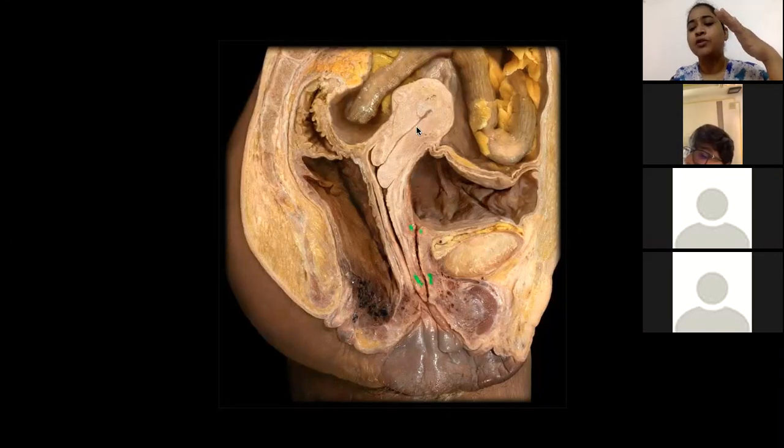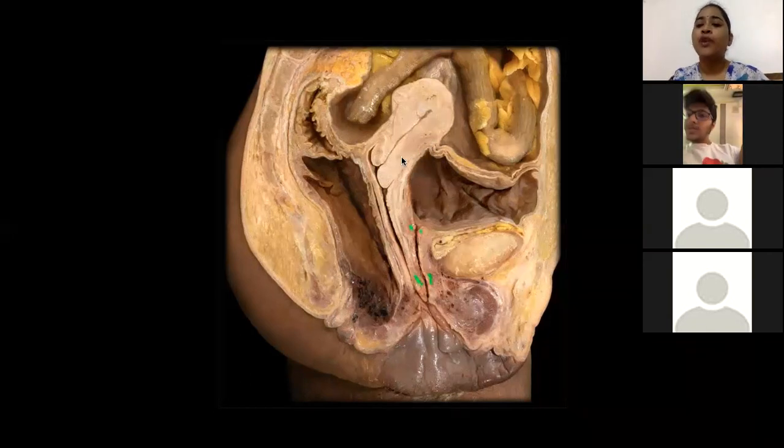The position of the uterus is anteverted and anteflexed. What is the meaning of these two words? Anteverted means between the vagina and the uterus there is an angle formed here. This is called the angle of anteversion. Now between the cervix and the body, here also there is a bending. This is called the angle of anteflexion.